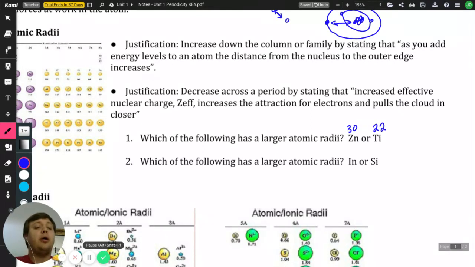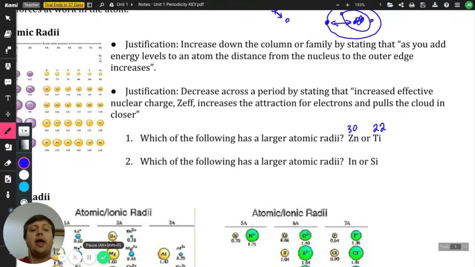Well, we're on the same energy level. So if we're on the same energy level, we can just use our number of protons to help us decide which one's going to be smaller and which one's going to be bigger. Zinc has 30 protons, titanium has 22. We're staying in that same period, that same row on the periodic table.